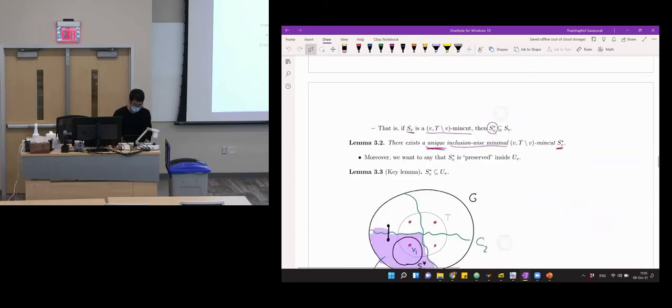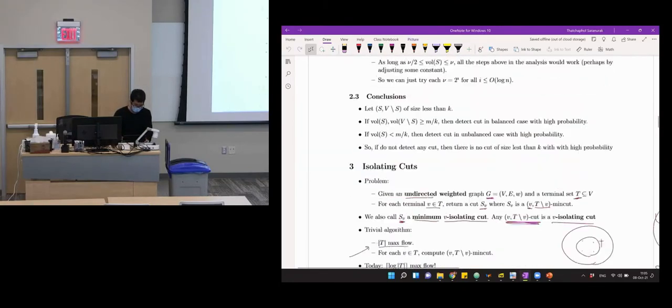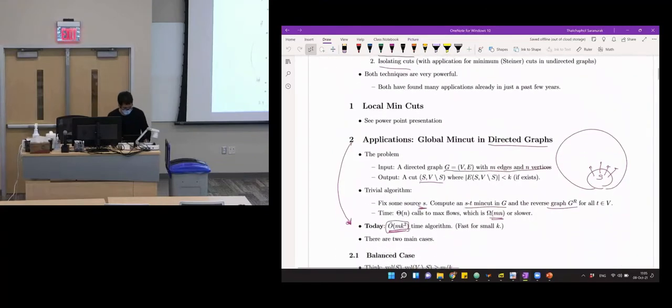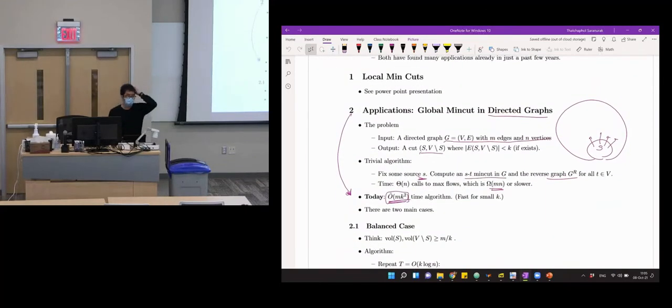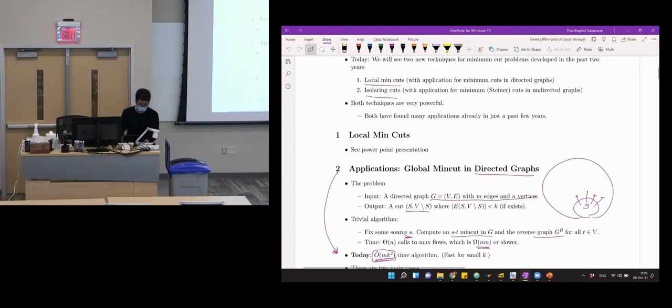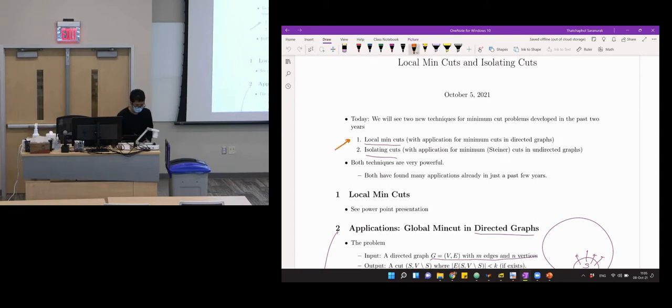So let me recall the thing I talked about yesterday. One is local min cut, and one is isolating cut. Can you remind yourself or tell me roughly what the goal is for both of them?